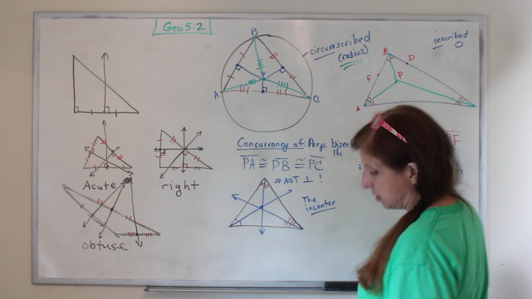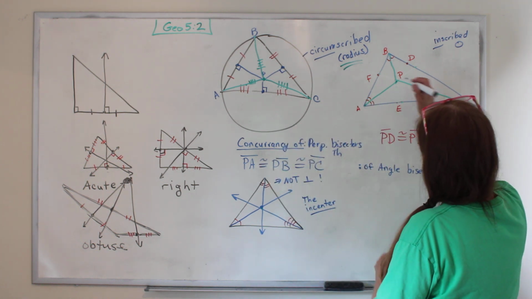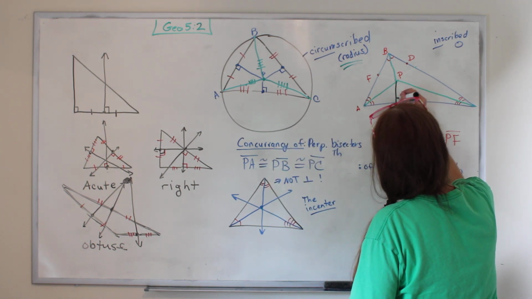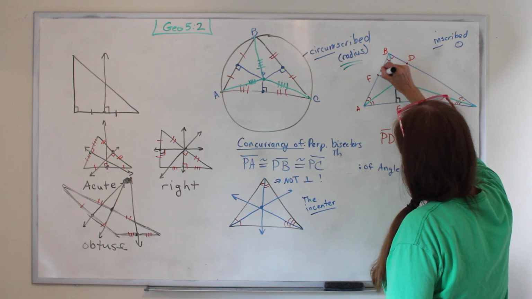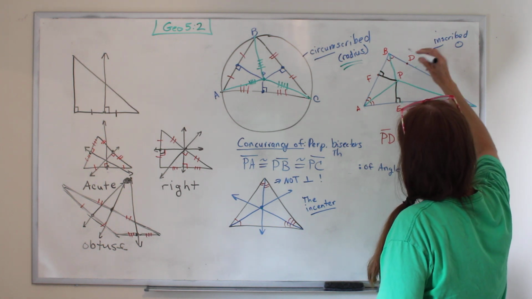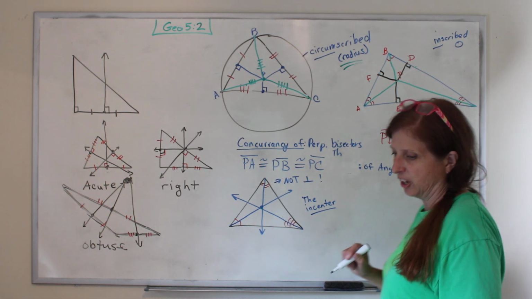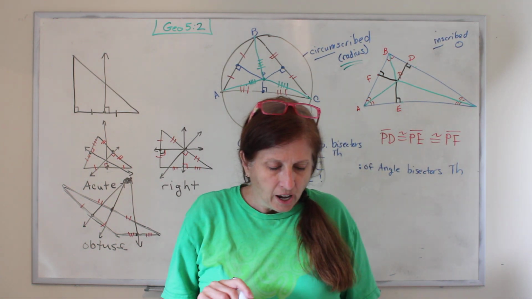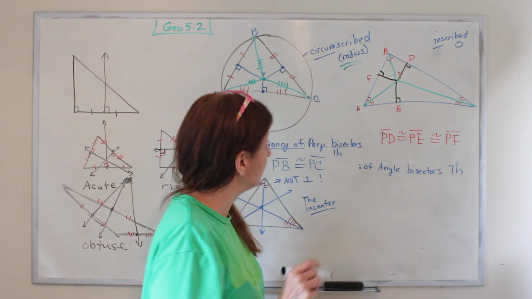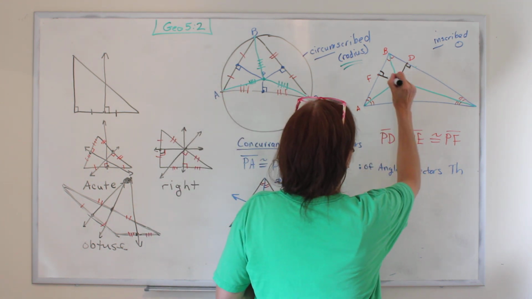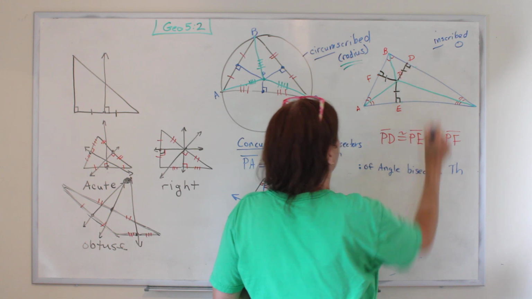Let's make it black. Okay, I'm going to drop a line here that's at right angles. I'm going to drop a line there that is at right angles. I'm going to drop a line there that is at right angles. Okay, everybody see that? If you do that, then these lines end up being equal.